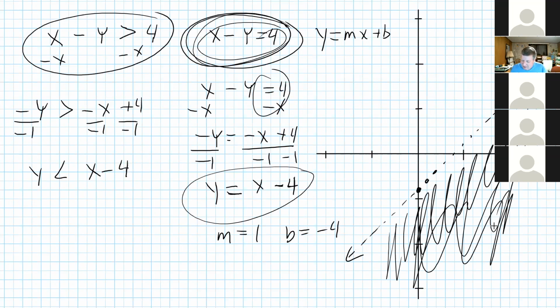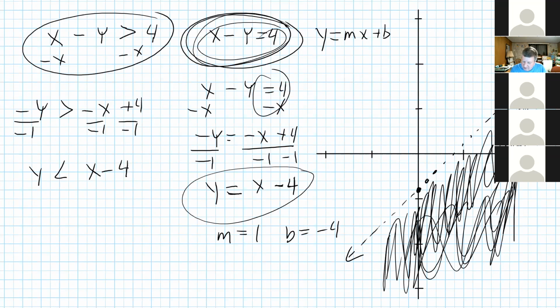Thank you. All right, so our solution is everything below, but not including that dotted line. All right, think of it this way. Do any of you have a neighbor next door and there's a fence between your property and theirs? Anybody have that situation? Nope.